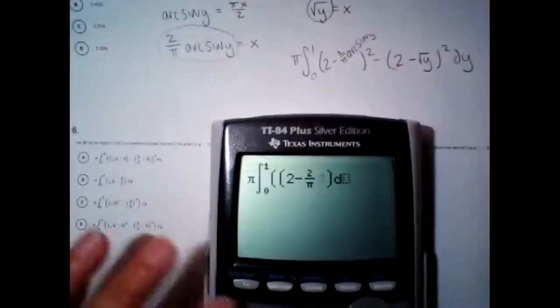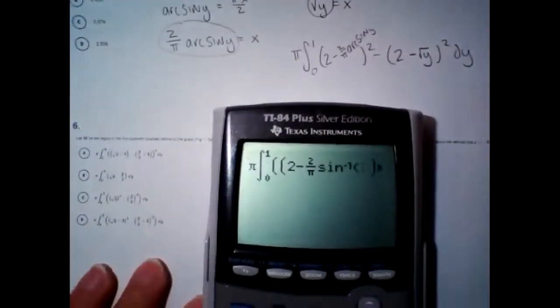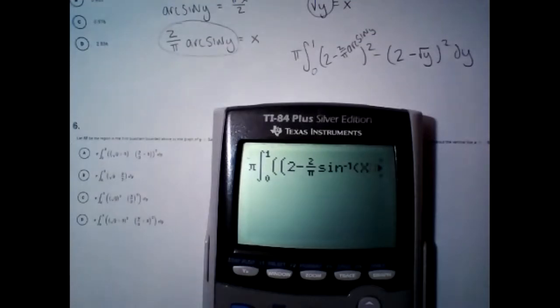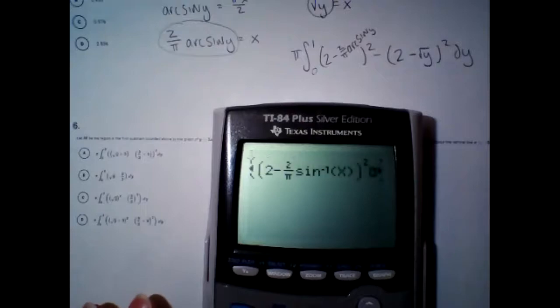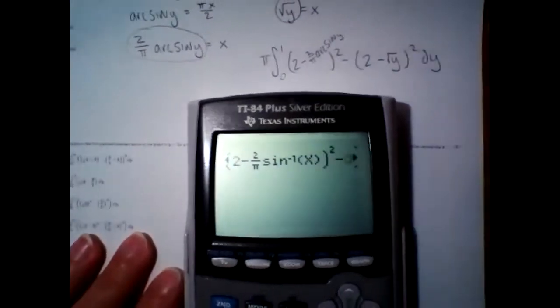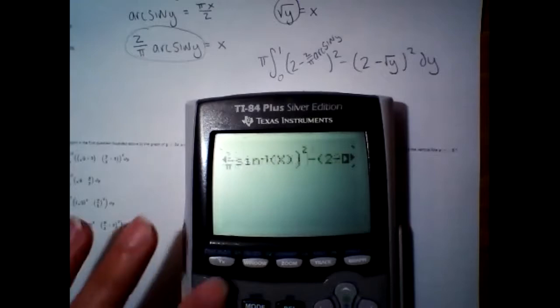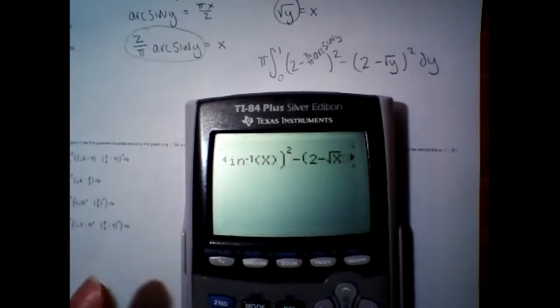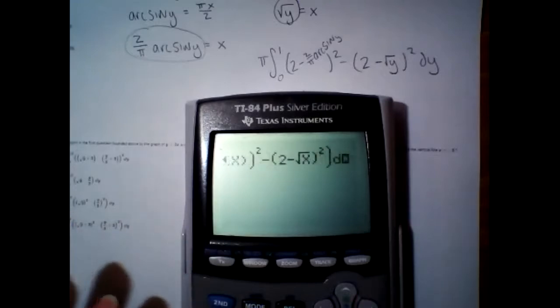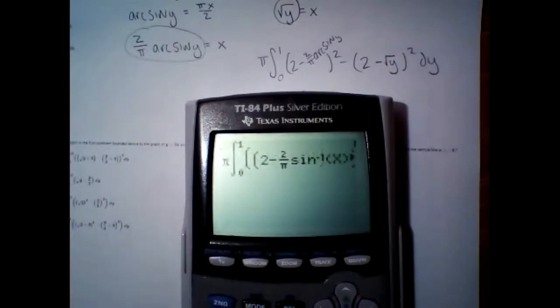So you're going to hit second sine of x. Again, I know it says y, we're going to type x. Close that original parenthesis squared. So 2 minus 2 over pi arc sine of x squared minus, and now I'm on this part, so start new parenthesis, 2 minus square root of x, close parenthesis, squared dx, and it will give us the answer.